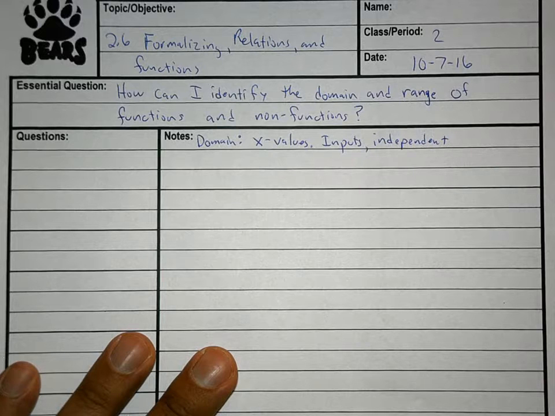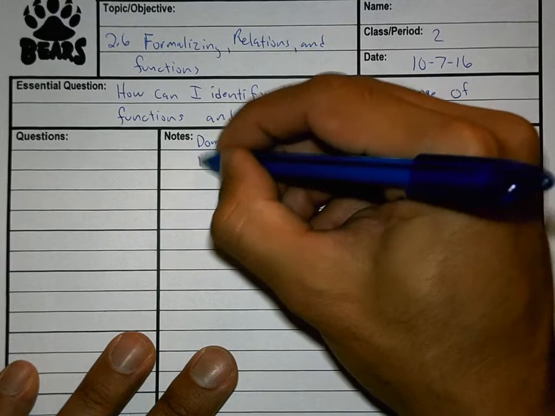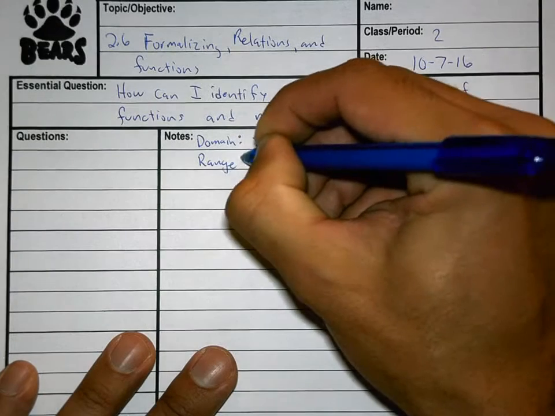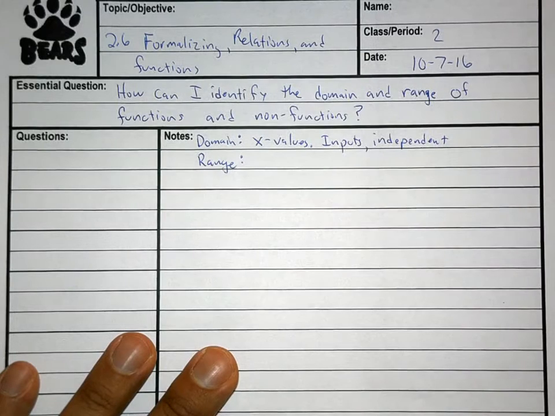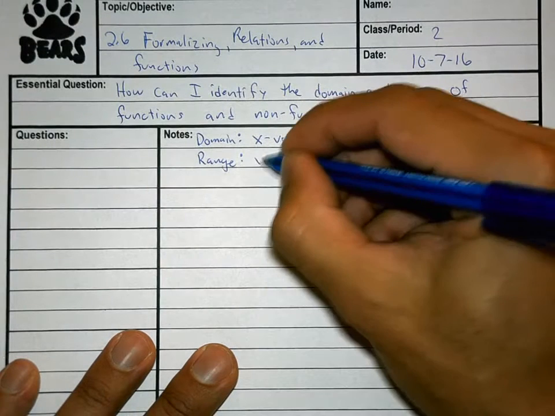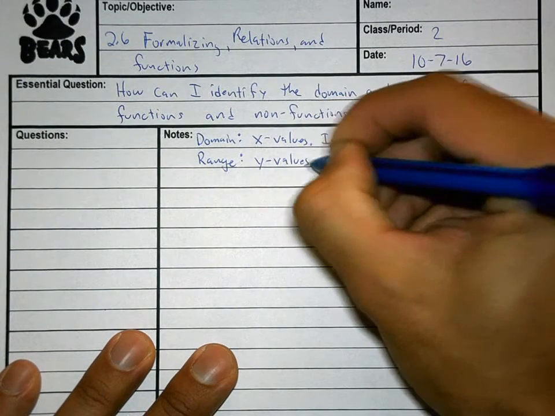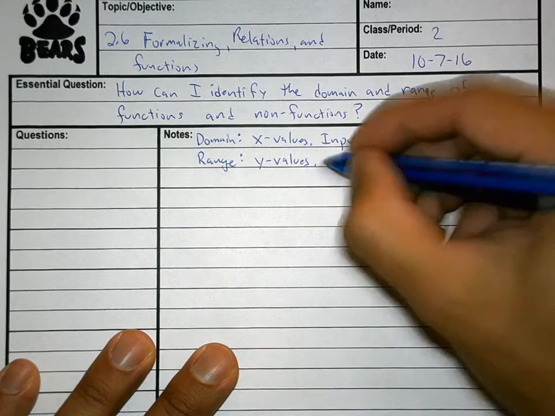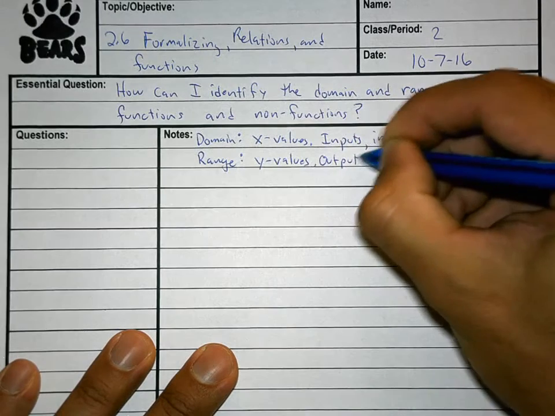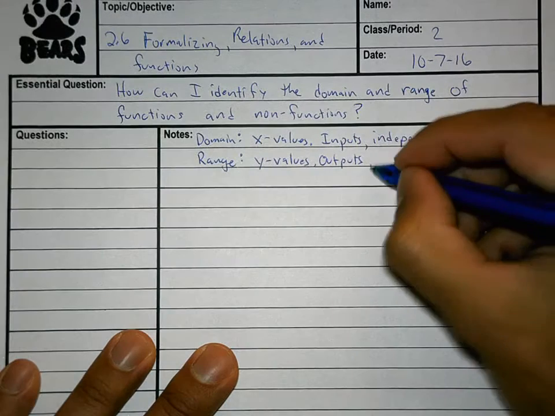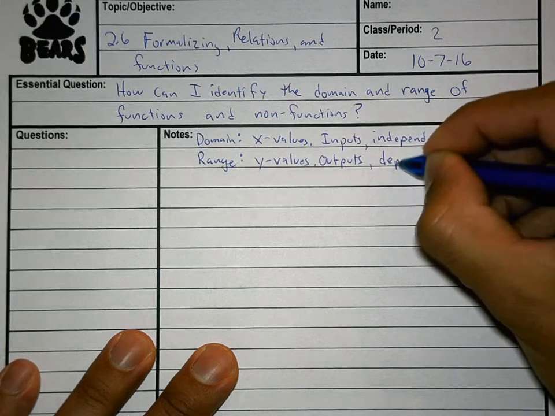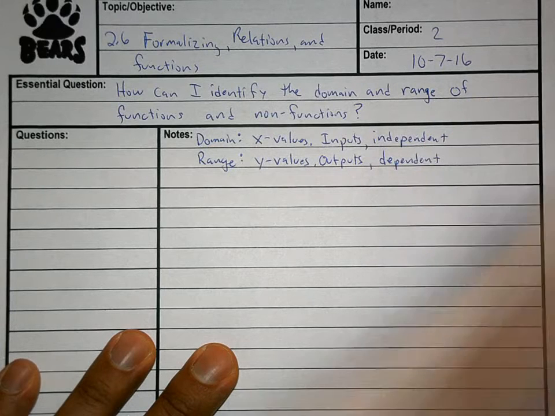Domain are your x values, your inputs, independent variable. Whereas range is your y values. They are your outputs. They are your dependent variables.